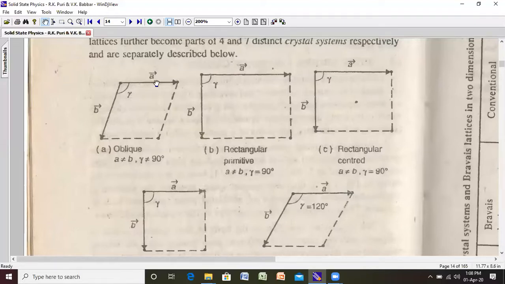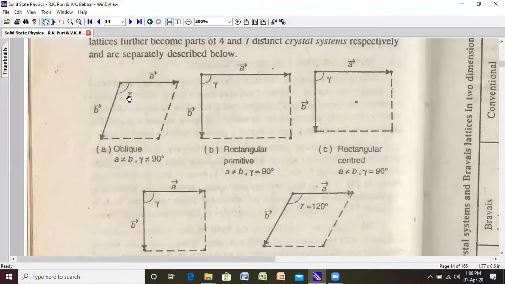And these 2 crystal axes or translation vectors are not equal. Length of the 2 vectors is not equal: a length is not equal to b length in oblique. And the angle between the 2 lines, this is called the gamma angle. Gamma angle is not equal to 90 degrees. So in oblique geometry, there are two specifications: both of the sides are not equal and the angle is not equal to 90 degrees.